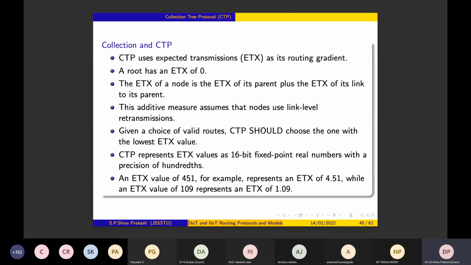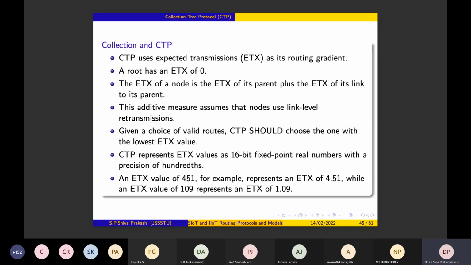Now, CTP uses ETX, expected transmissions, as its routing gradient. A root has an ETX of 0. The ETX of a node is the ETX of its parent plus the ETX of its link to its parent. This adaptive measure assumes that nodes use link-level retransmissions.